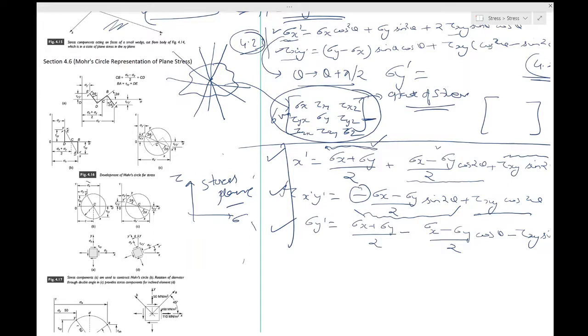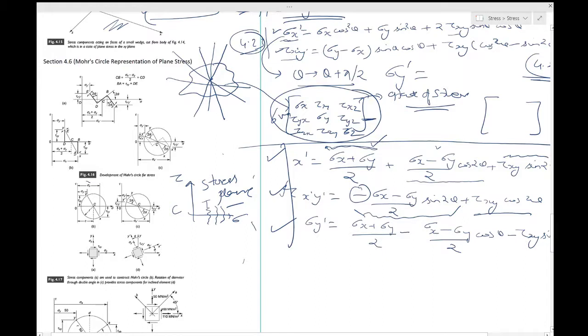But we in mechanical engineering, or even aerospace engineering, take tension as positive. So if you are on the right side for normal stress, it means tension. Compression is negative, so compression is over here.